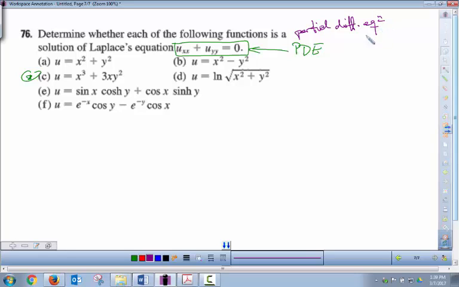If this is your partial differential equation, the PDE, and let's say one of these is a solution to it, then you could take the derivative of this according to what they say in the PDE and then plug it into here to see if it'll satisfy that equation.